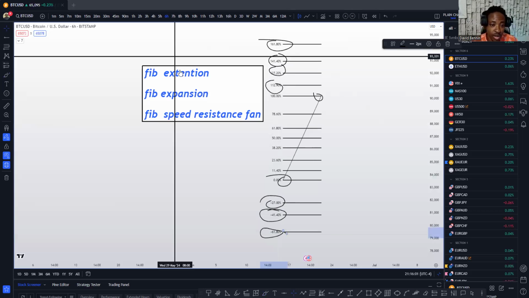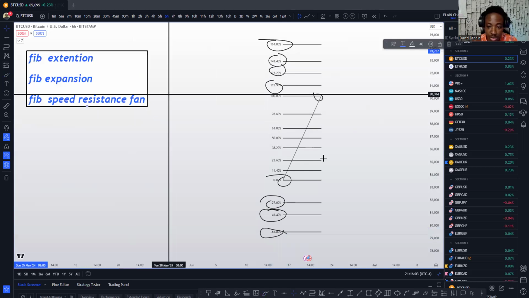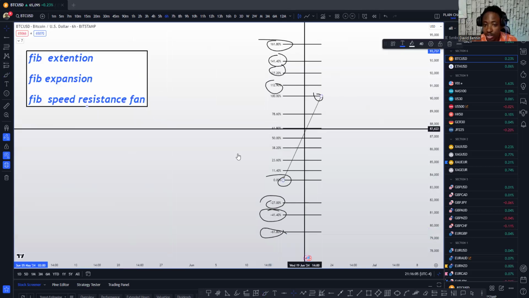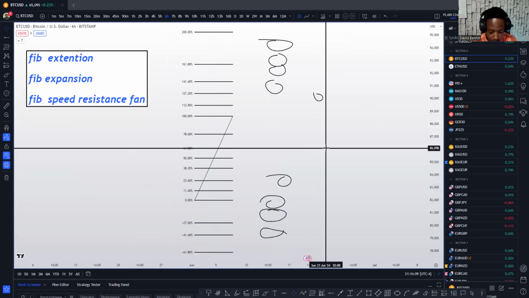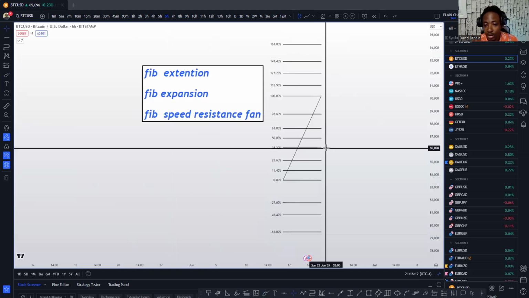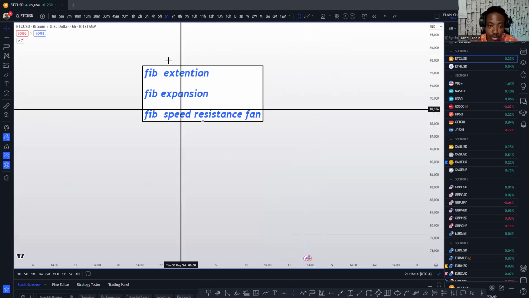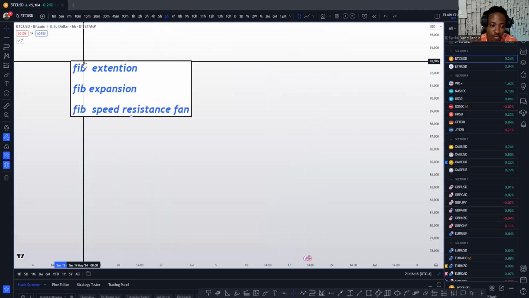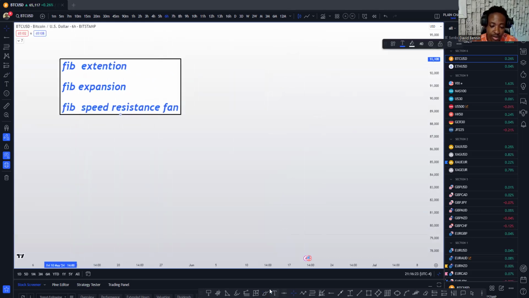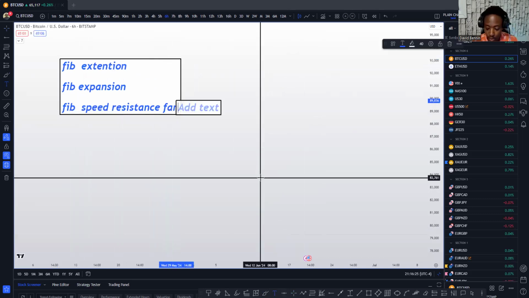Right. So let me take them one after the other and show you what I use this for. The Fib in general is a trend trading tool, right? You use the Fib as a trend trading tool. I think the speed resistance is a trend reversal too.